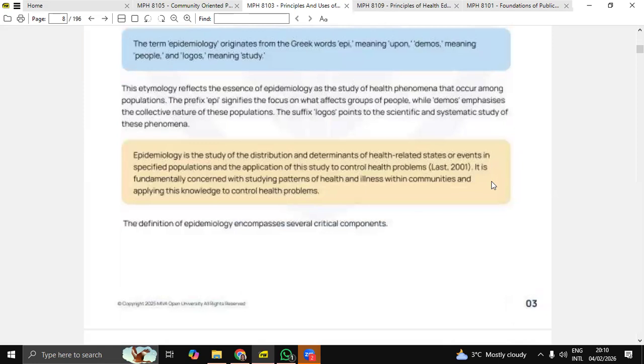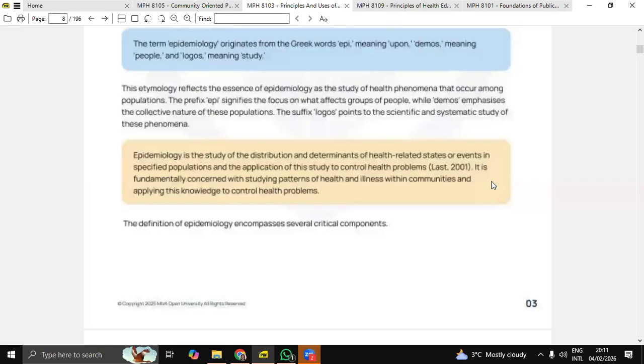Okay, so we can look at the pale box there, the yellow one, which shows the definition of epidemiology. What is epidemiology?